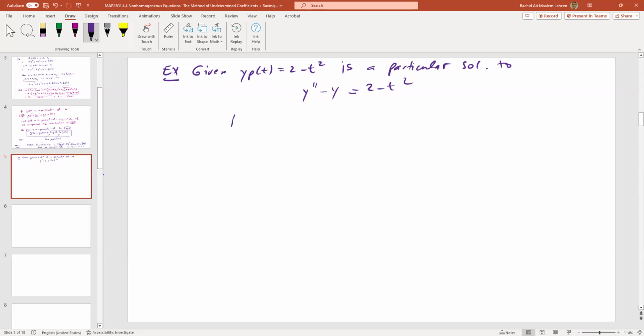So find the general solution and the solution satisfying these initial conditions.